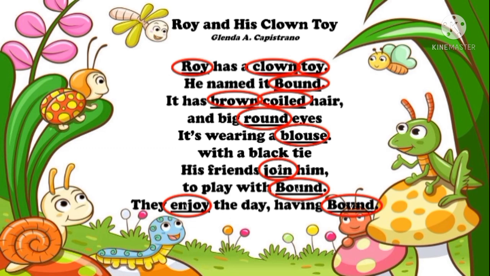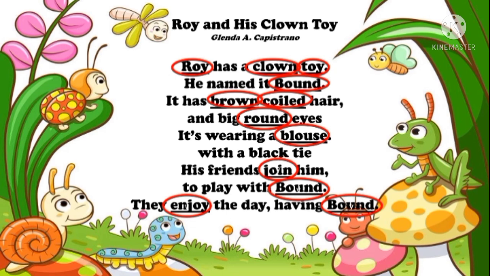Let us pronounce again the underlined words one by one, and let us identify altogether the produced sound. The first one is Roy. Roy has a sound of oi, Roy. Clown. The sound is ow, clown.